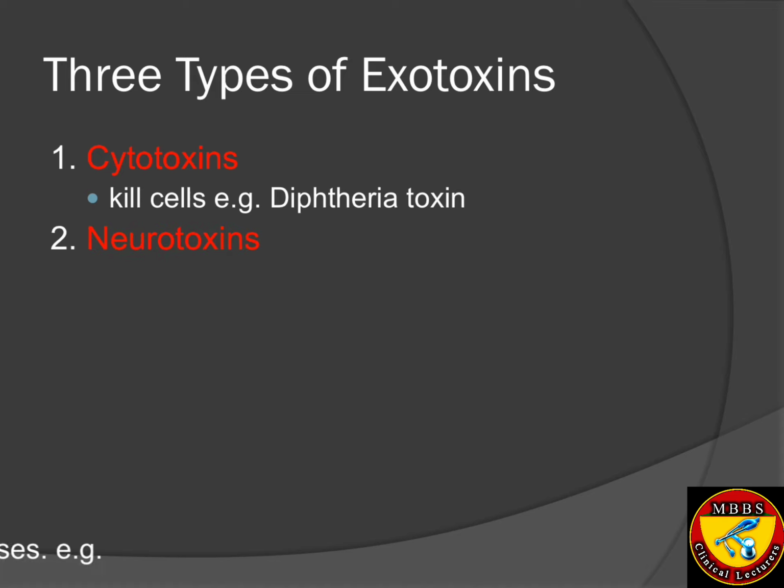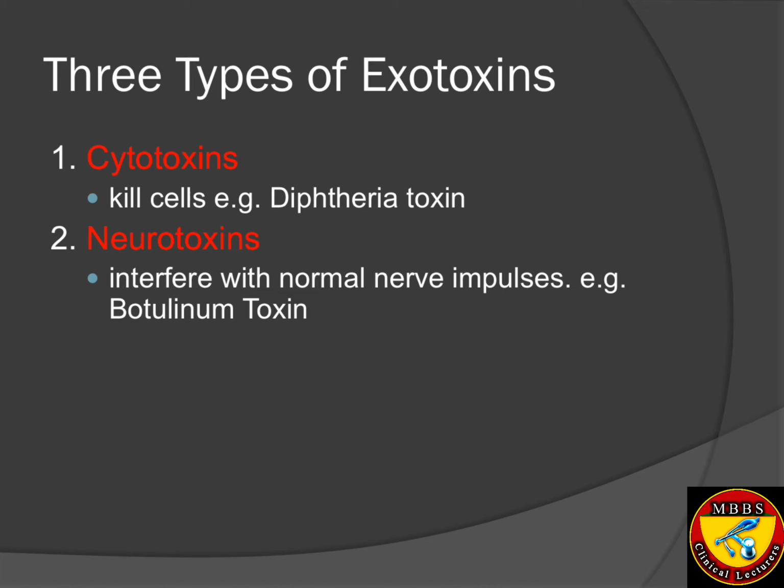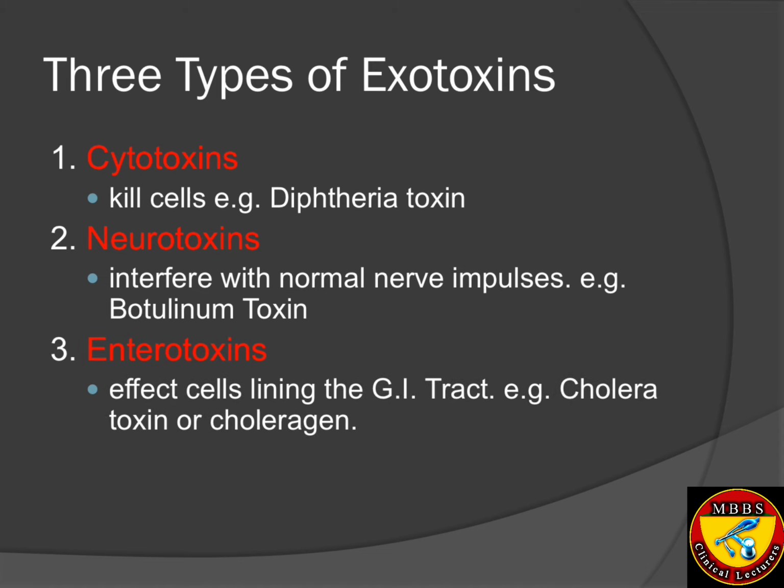They can be neurotoxins, for example, botulinum toxin, which interferes with normal nerve impulses. And they can be enterotoxins, which act in the gastrointestinal tract, an example of which is cholera toxin, produced by Vibrio cholerae. So cytotoxin, neurotoxin, and enterotoxin are the three main types of exotoxins.